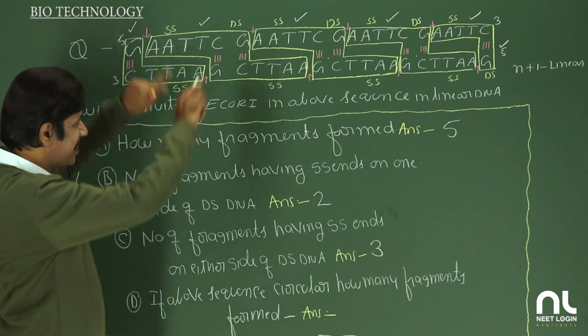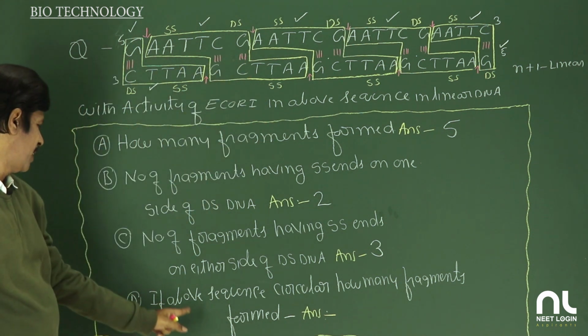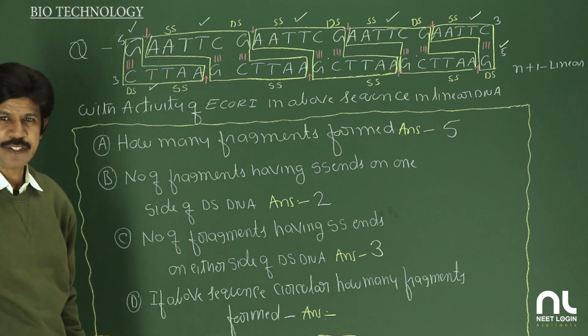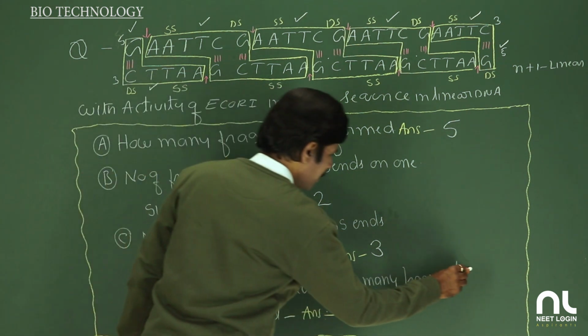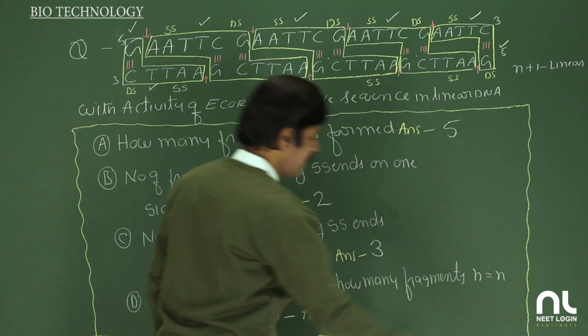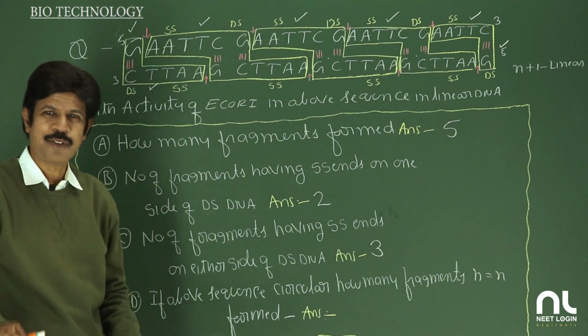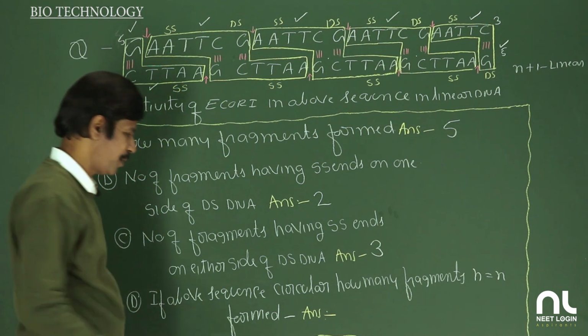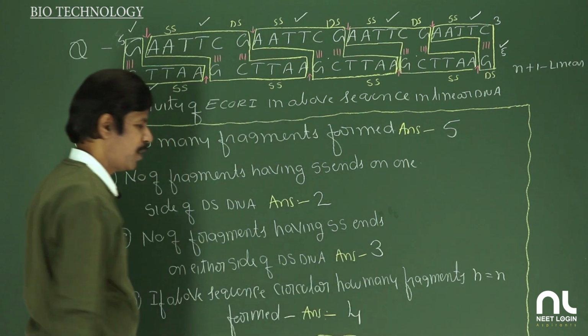If the above sequence is circular, how many fragments are formed? If it is circular, the principle is n equal to n: number of cleavage points is equal to number of fragments. Number of cleavage points, restriction sites, is 4, so 4 fragments are found.